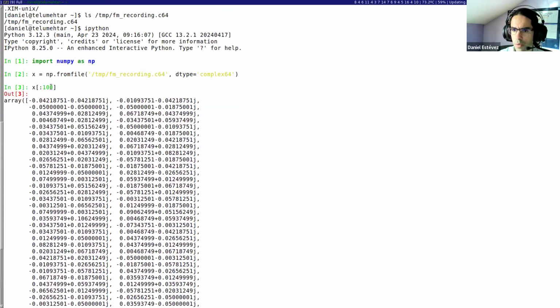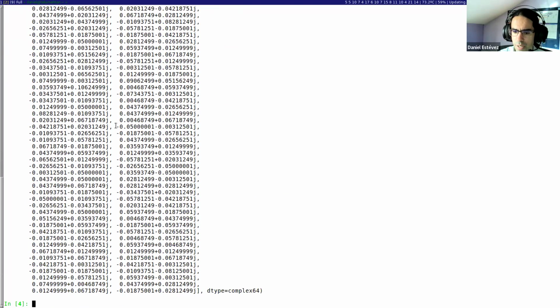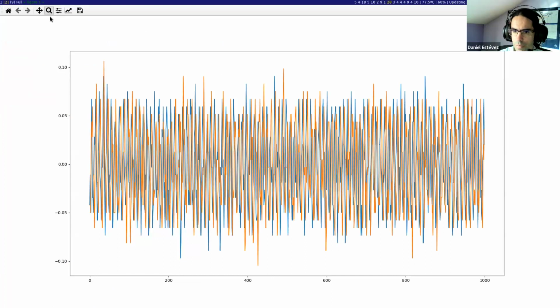I'm showing this because I know many of you work in Python, so if you have some code and want to process some data you recorded with GNU Radio, you now know that it's very easy to do with NumPy, and you can also plot things. So if you want to plot the first 1,000 samples, you can do it as so.